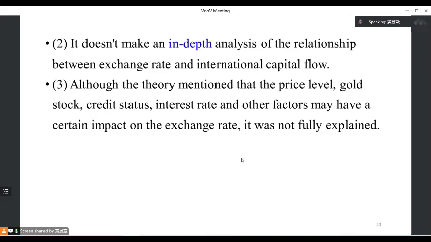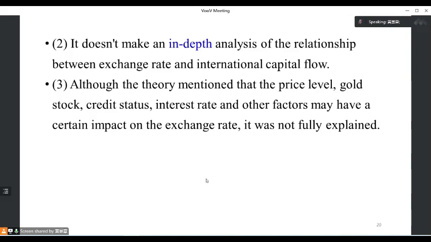And in this page of the PPT, we can find this theory has another two shortcomings. It couldn't deeply analyze the relationship between exchange rate and international capital flow.